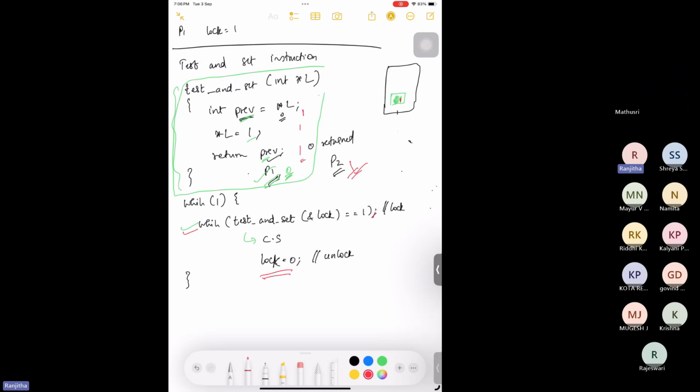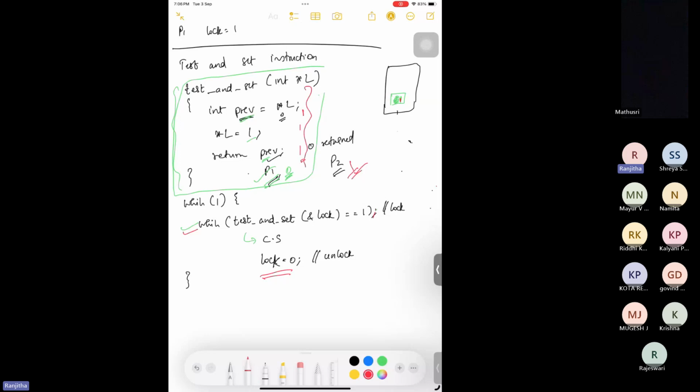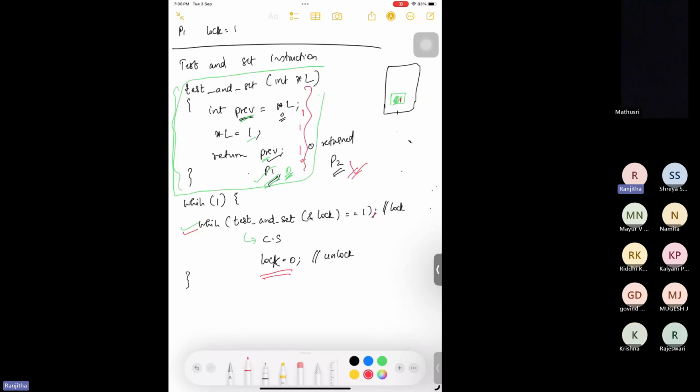When both the CPUs call the same instruction at the same time, one of them will complete this before the other CPU starts. So this is ensured at the hardware level. That's the reason we are able to achieve this. So this is the hardware support. This is the basic logic.